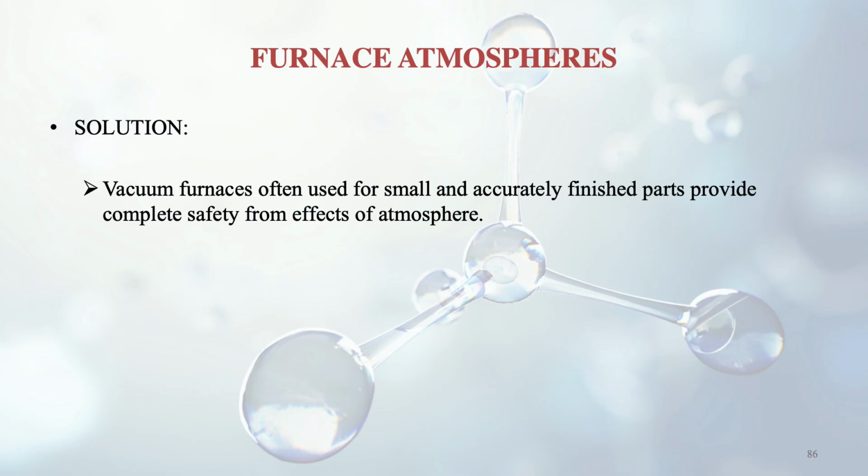So what can be the solution if we are using the atmospheric air? The solution is that vacuum furnaces are used for small and accurately finished parts, and they provide complete safety from effects of atmosphere, because then there are no impurities. In vacuum there are no gases, no oxygen, no carbon, so obviously it will not affect the specimen.